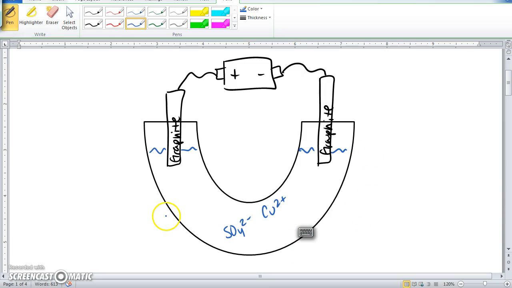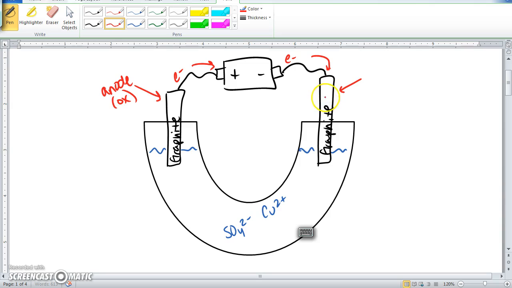Before we even think about the observations that we had, we can use this battery to define anode and cathode for us, because the positive side of the battery is going to take electrons from whatever it's hooked up to, and the negative side of the battery is going to pump out electrons. So because electrons are going in, that means this has to be our anode, because we know electrons leave the anode and oxidation always happens at that electrode.